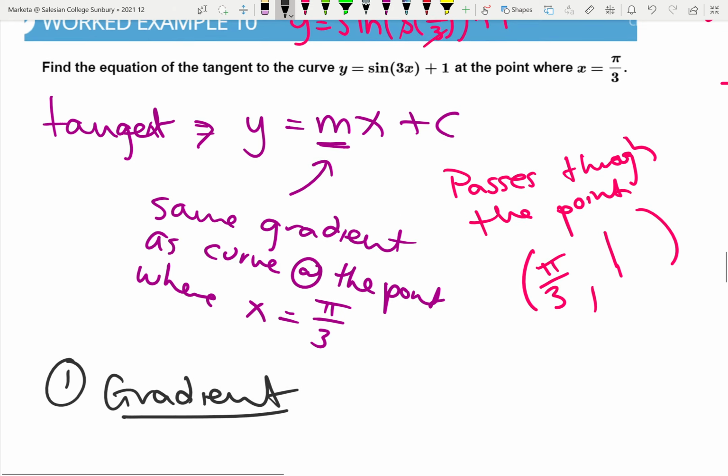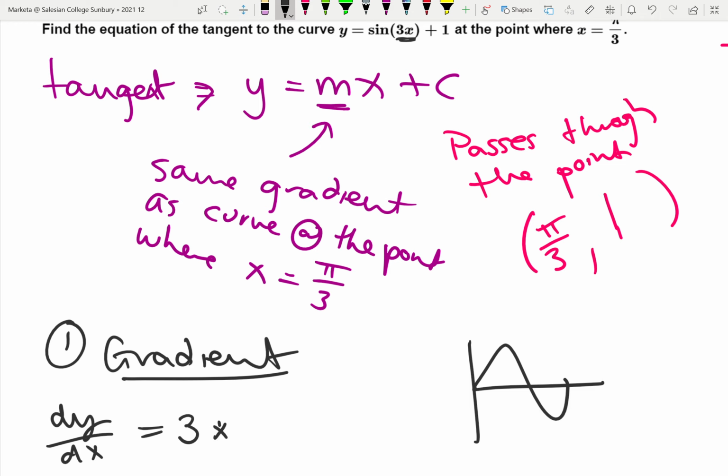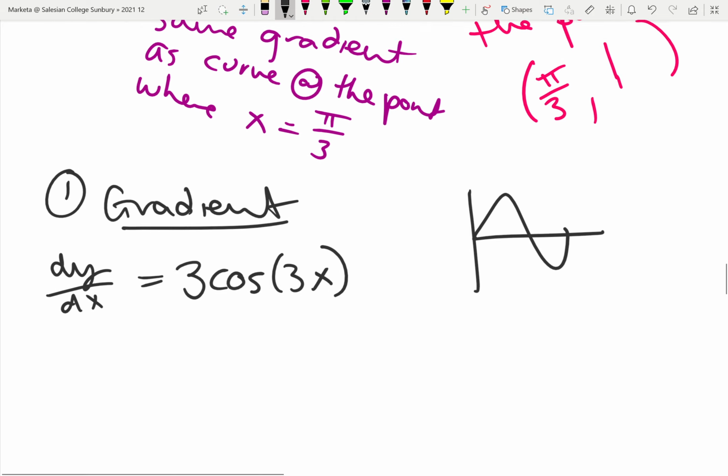Let's do a gradient function. So dy dx equals sine, remember, we're going up the hill, so it goes to positive cos. We take the derivative of 3x, which is 3, and we multiply it by positive cos of 3x. So I'm just going to put that in one line of working out. 3 cos 3x. The 1 will go because the derivative of 1 is 0.